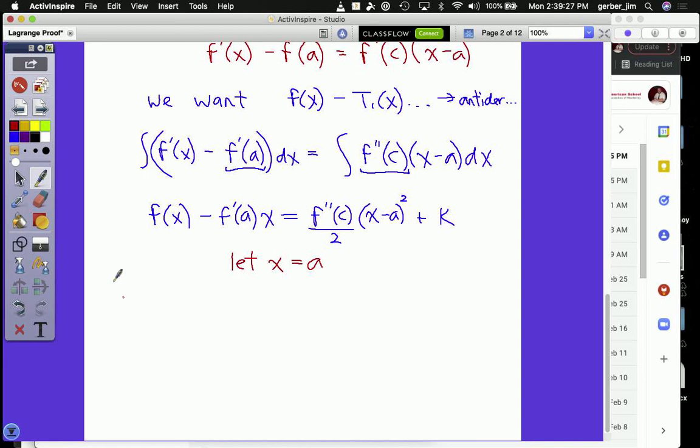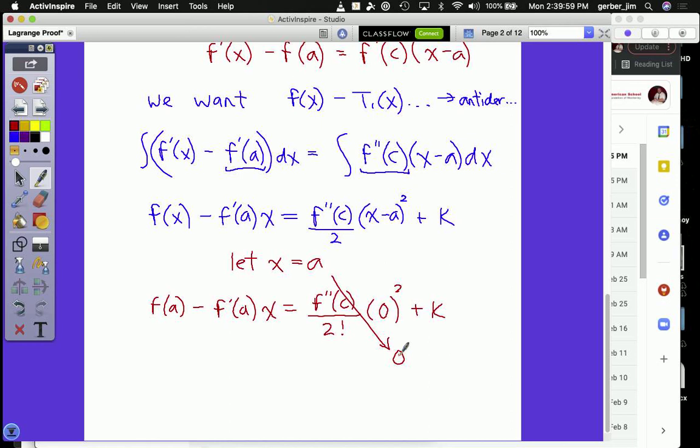And if I let x equal a, then this equation becomes f at a minus f prime at a times x is going to equal f double prime at c over 2 factorial times, well, you can see here, this is going to be x minus a, but x equals a, so this just becomes 0 squared, plus k. And that's nice, because that's going to take that whole thing to 0. And so I'm left with k equals f at a minus f prime at a.